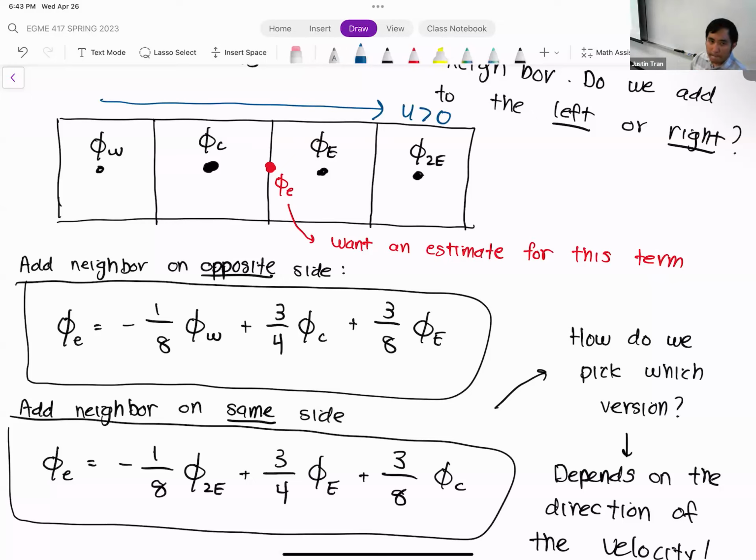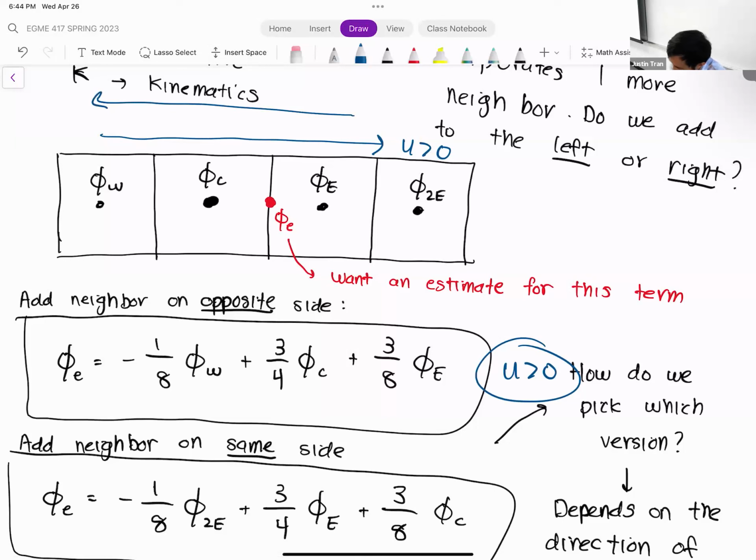And so if the velocity is going from left to right, we want to put more emphasis or more weight on the left side, right? And so that means we should use the first version. In this first version, where we put more weight on the opposite side, we basically add phi sub w into our expression. We're going to do that for the case when u is greater than 0.